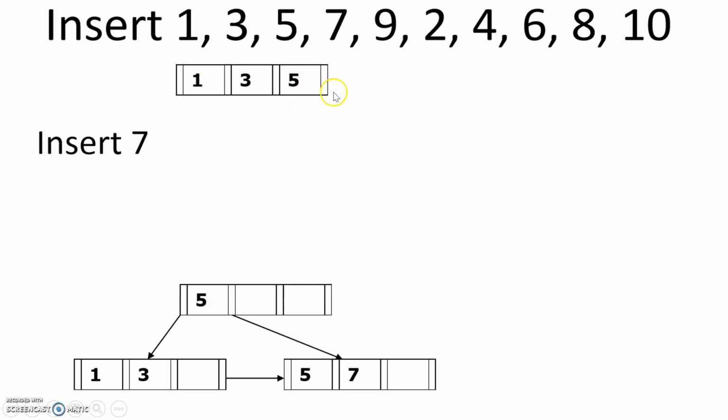Now, when we split, the difference is this: the order is 4, so there is an even number of keys here. The middle element can be this or it can be this. If you take this as the middle element, your tree will be left justified. If you take this as the middle element, it will be right justified. Both are correct. I'm taking the right one as the central element. So this is the difference.